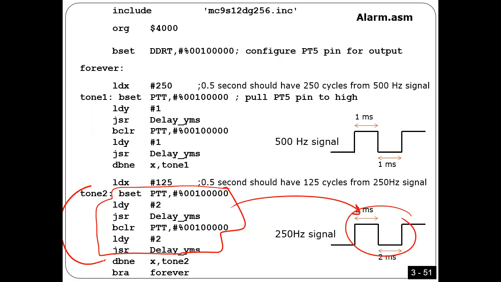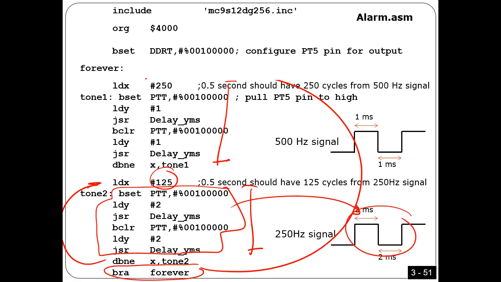This is a for loop. I'm gonna repeat this part 125 times. Is that okay? So this part is gonna take half a second, and then I'm gonna branch back to the beginning again to repeat it. Any question? Okay. So you're gonna hear two sounds. Half a second.